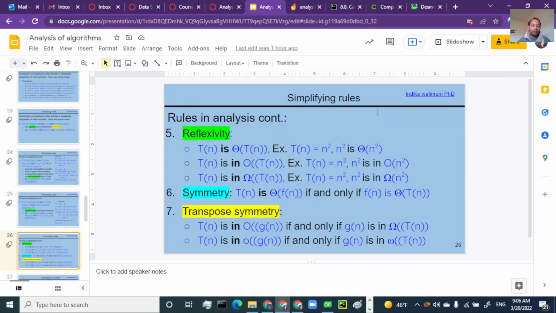So that's the idea of symmetry. So let's go to the slideshow.